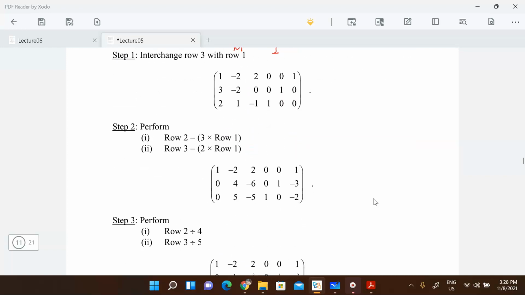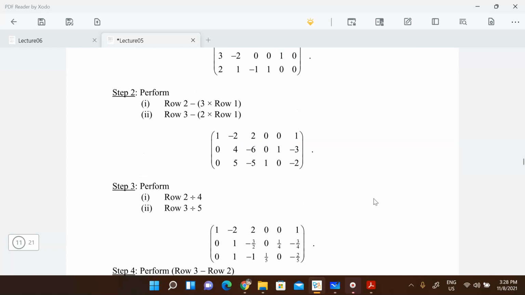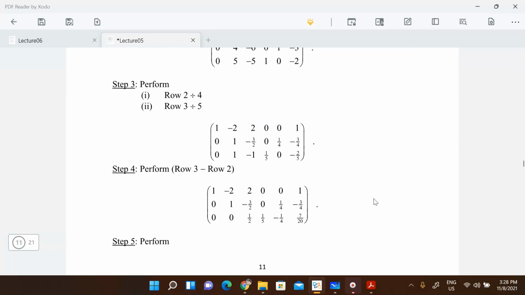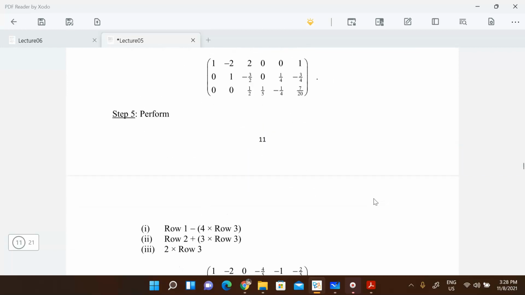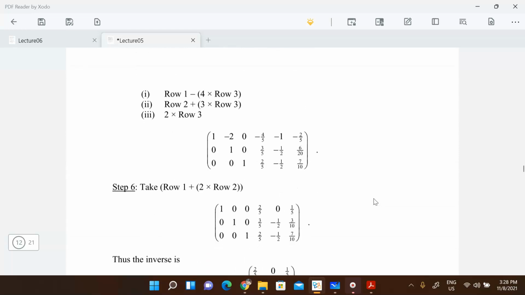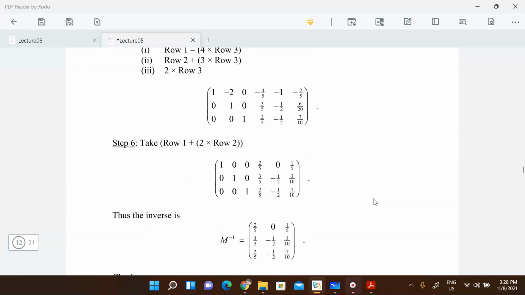I do not want to go into the details, but you can see this will evolve just like before, until it goes down to this identity matrix over here, and then what used to be the identity matrix here now becomes M inverse.